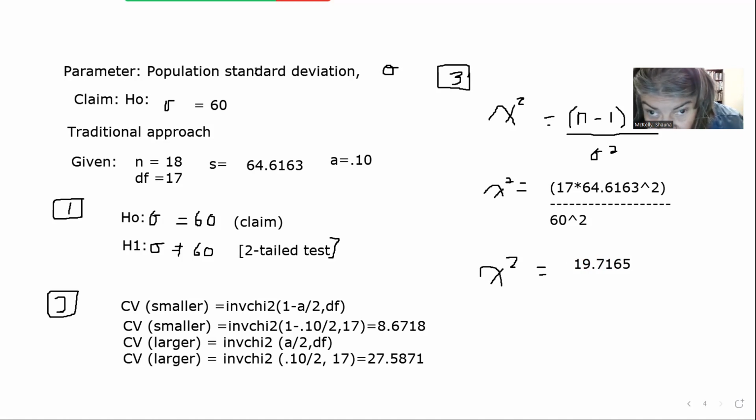Now remember, step 4 is to make a decision about the null hypothesis. So step 4 here is to say, all right, we're going to reject or do not reject the null.